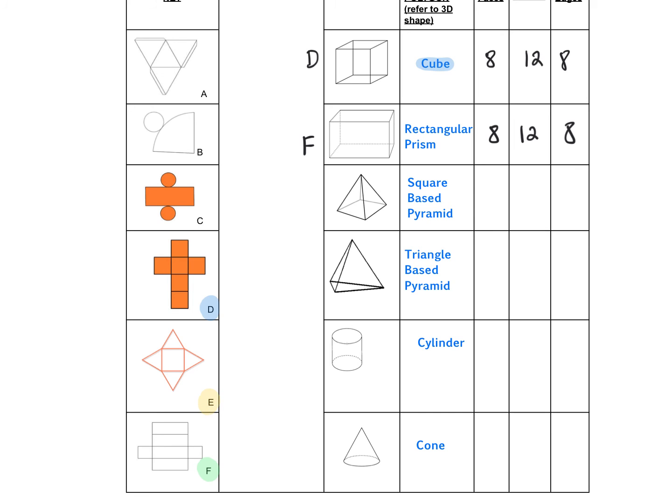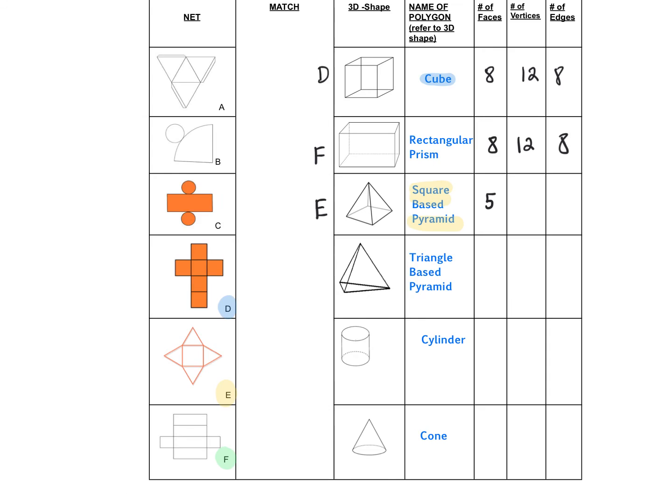My square on the bottom matches my square base pyramid here. So that one here would be E. And think about my square base pyramid. I have one face on the bottom, that's the base, but then I have 4 faces going up. So I have 5 faces. I also have 5 vertices, those are the little corners, and I have 8 edges.